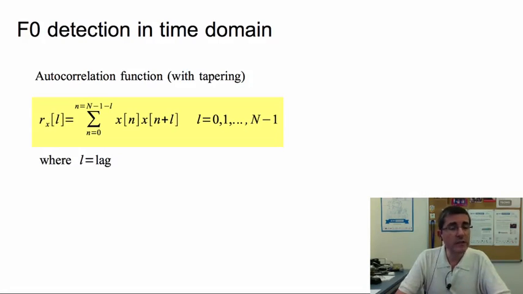So in this equation we see a version of the autocorrelation function that has some tapering, and what we do is we compute this function for every lag time. So we try different lag times, where L is an integer value, a sample value, so we start with L equals 0, and then we sum over a particular period of time, a fragment of a sound, multiplied by the sound delayed by that lag time.